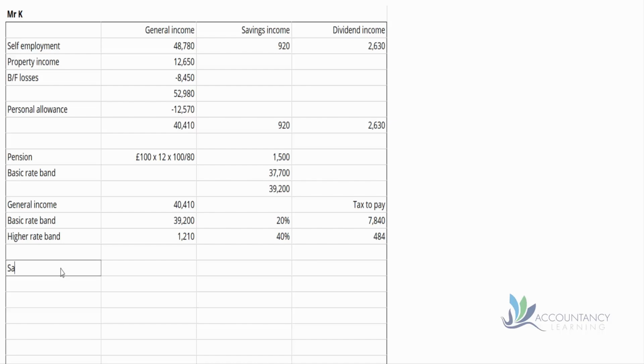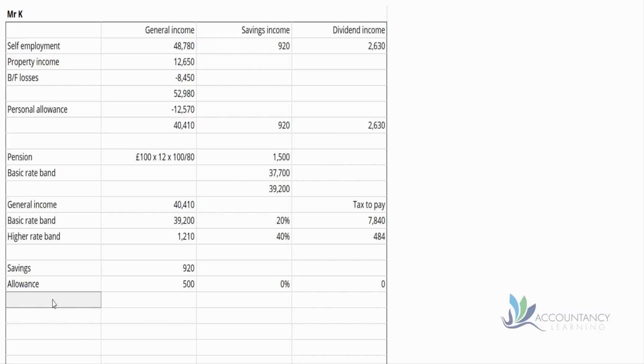And then we have our savings income. So remember, from our table above, we've got our total savings income of 920, but some of that is covered by our allowance. And we have an allowance of £500, which is tax-free, so there is nothing to pay here. And then the rest of it goes into the higher rate.